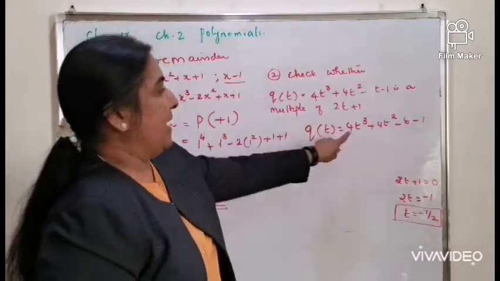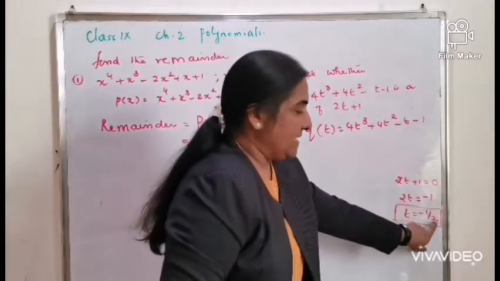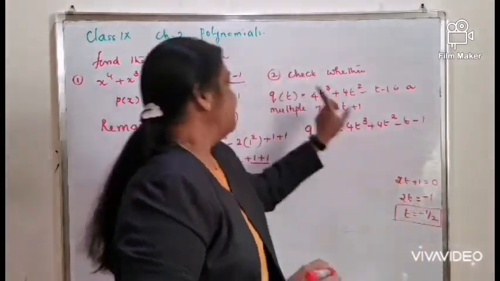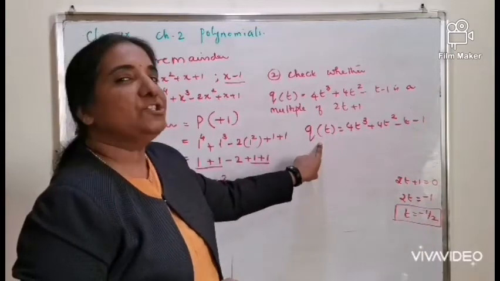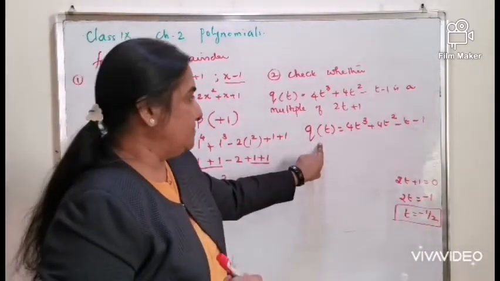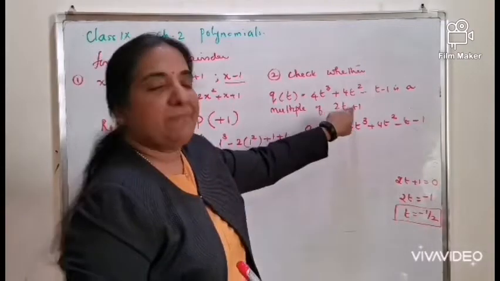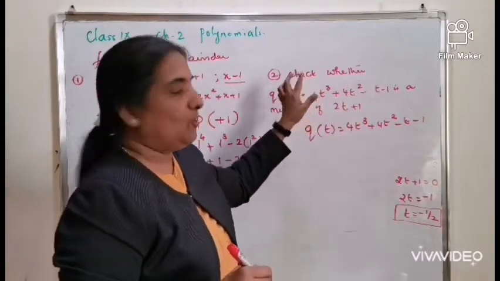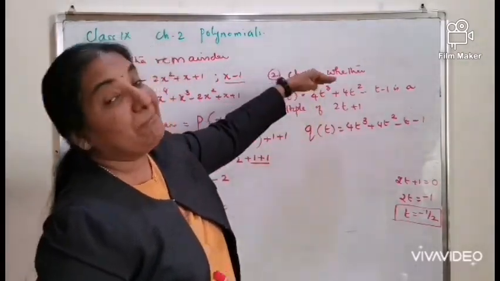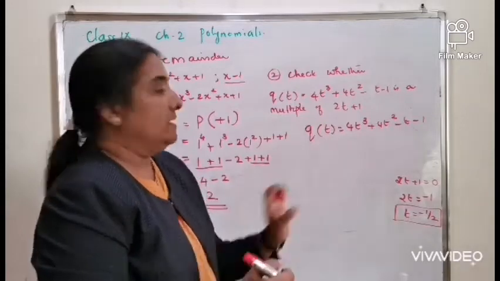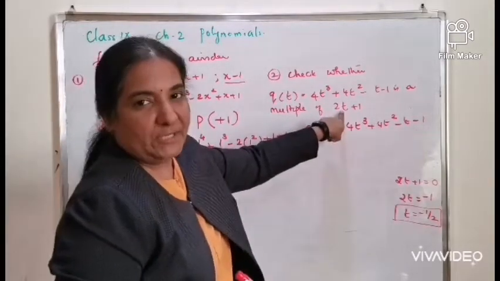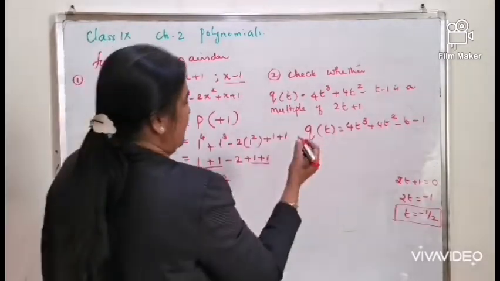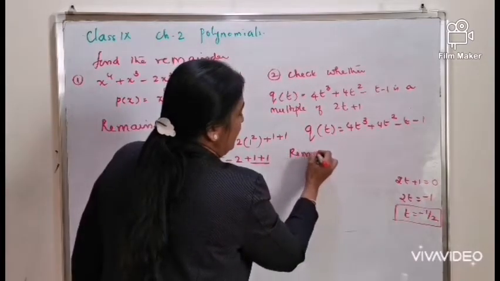When you substitute the value of t as minus half and if the remainder turns out to be 0, it means that 2t plus 1 is a factor, or the given polynomial is a multiple of 2t plus 1.